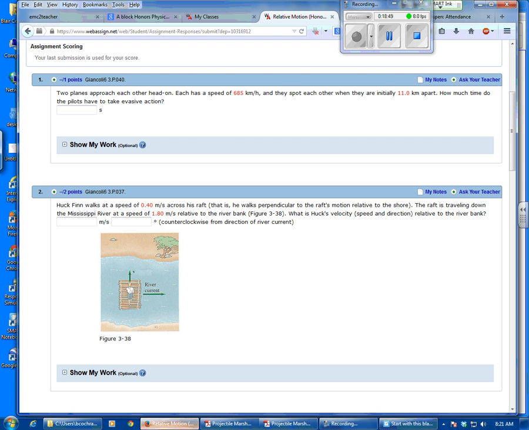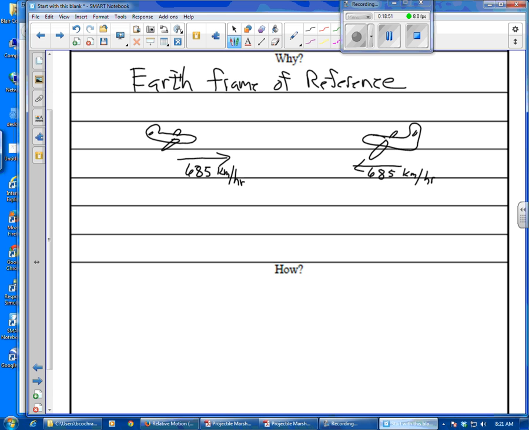And they are 11 kilometers apart. So from the Earth frame of reference, they will meet in the middle.